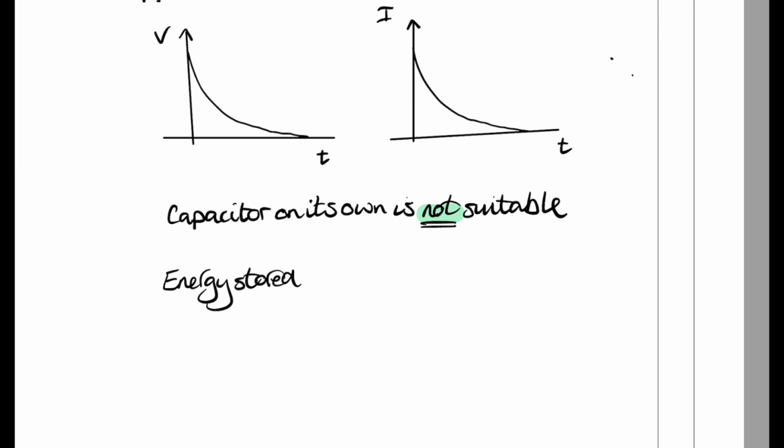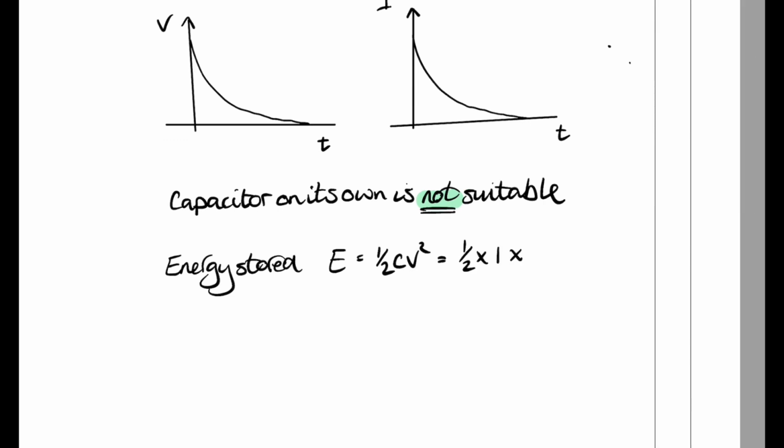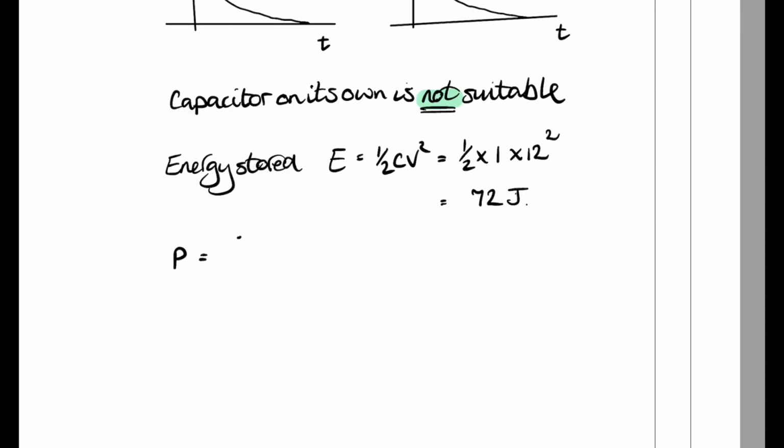We could also work out how much energy is available to be stored on the capacitor. That would be a half CV squared. So that's a half times our 1 farad capacitor times 12 volts squared, which only gives you 72 joules. And how long would 72 joules last us if the power was 20 watts? Well, that would be 3.6 seconds.